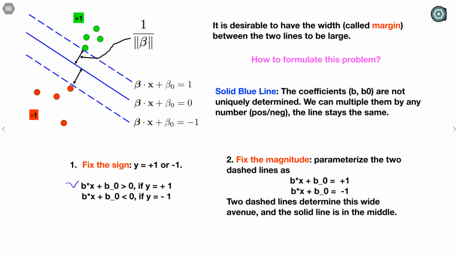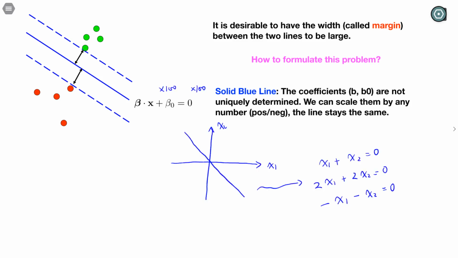If you are from the negative group, which are the red points, I plug the coordinates of those red points into beta x plus beta 0, and we should get a negative number. For example, in the previous example, suppose my point (1, 1) is from the positive group, then you're going to find out you can only pick the representation like this, but not the minus 1, minus 1.